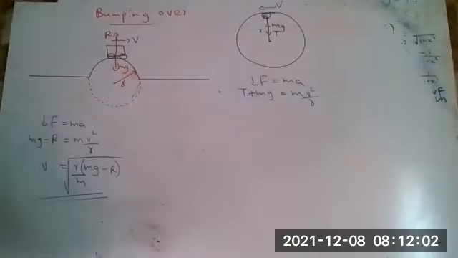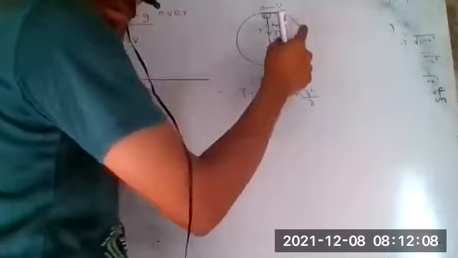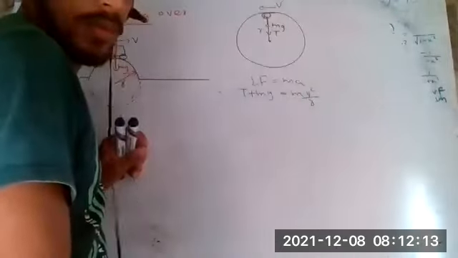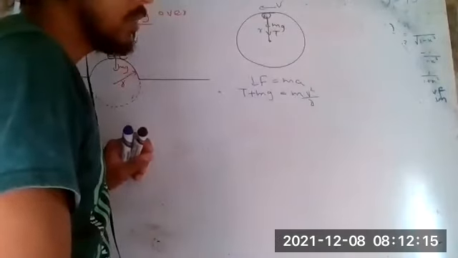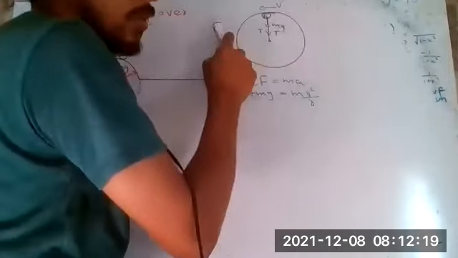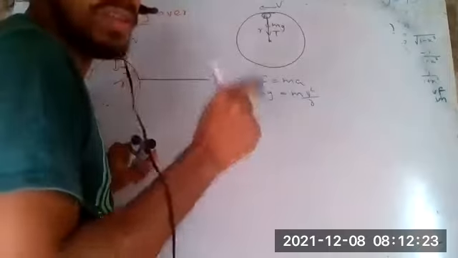But if the object just passes the highest point, what will happen? The object just passes the highest point, meaning it is just touching the highest point. That means at that moment we consider the tension to be zero.